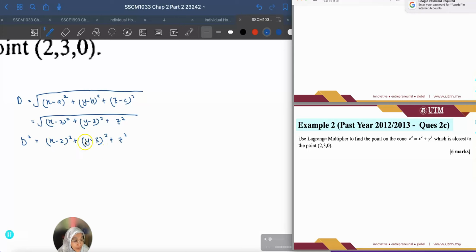Okay. Because whether you have the square root or without the square root, at the end you have to calculate the D here. Okay, so just to make sure that we don't mess up the calculation, we put the square root to the other side. So when you want to obtain the partial derivative, you don't bother about the square root because it's already been brought to the other side.